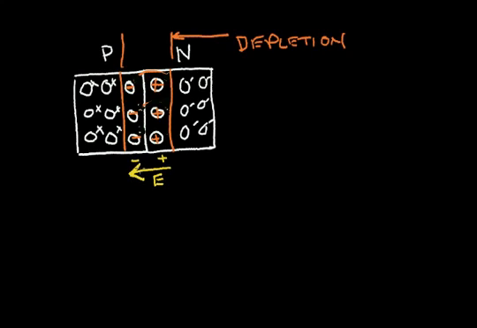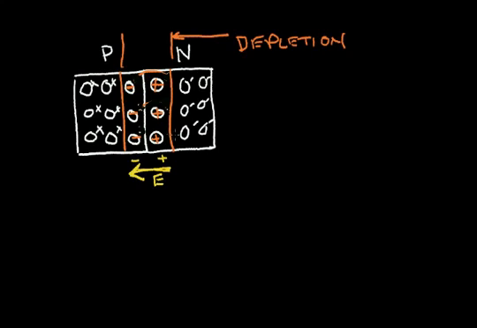It's going to repel the holes. So the diffusion of the holes into the N-type material gets blocked by this electric field. And similarly with the electrons. Now this electric field will exert a force on the electrons to the right in the opposite direction. So the abundance of electrons at the right in this N material get repelled. They no longer diffuse over into the P region.